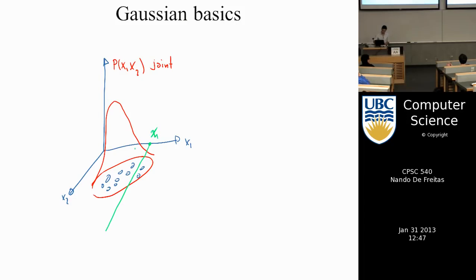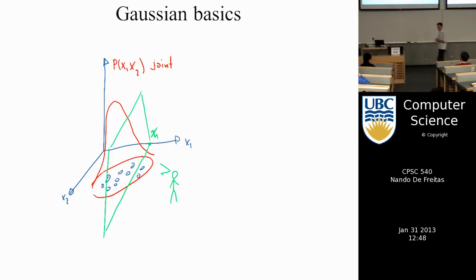And I'm going to cut a plane right through this Gaussian. So imagine you have a cake that looks like a bell, and you take a knife and you just cut it. Okay. Now imagine that you're this guy that's standing here on the side looking at your cut. What shape would you expect your cut to have?